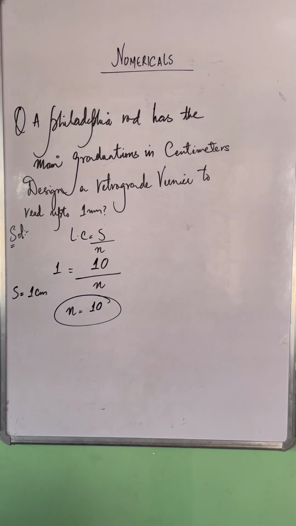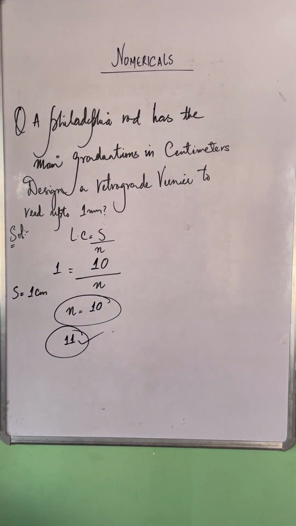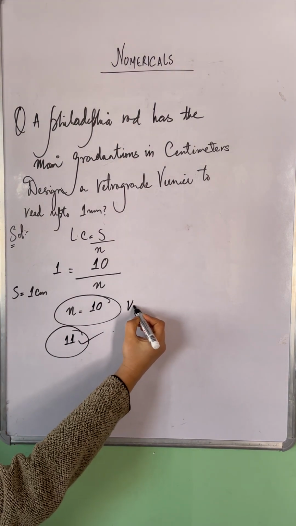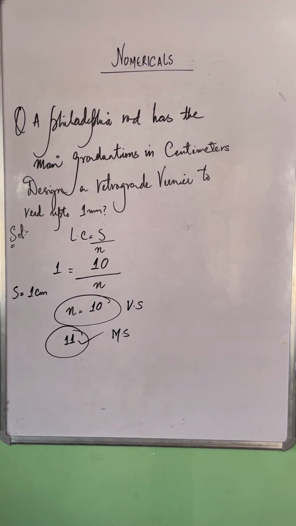Retrograde vernier means 10 divisions of the vernier should be equal to 11 divisions on the main scale, and hence we designed a retrograde vernier for this Philadelphia rod. Move on. Let's do the next question.